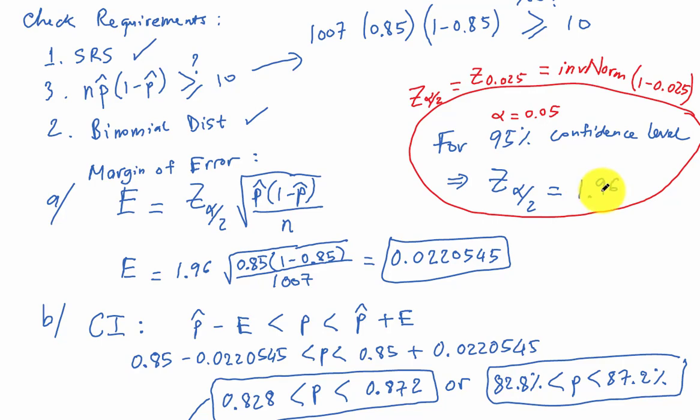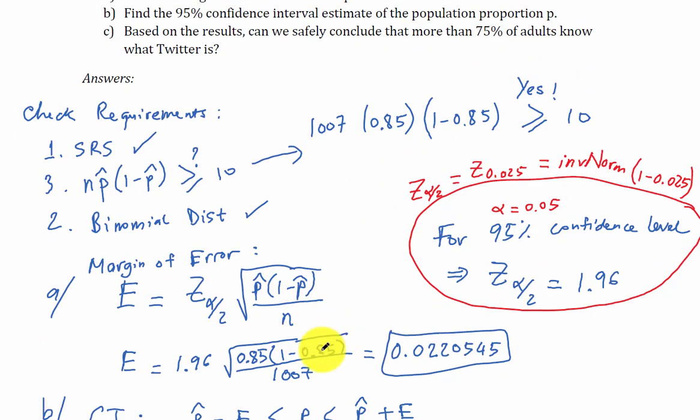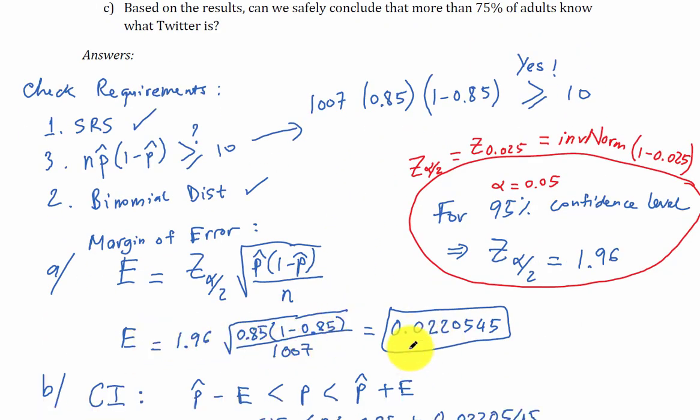Once you get z alpha over 2 to be 1.96, I can plug in here, and p hat is the point estimate, given as 0.85. 1 subtract that, over n, which is the sample size, and altogether we get 0.0220545.